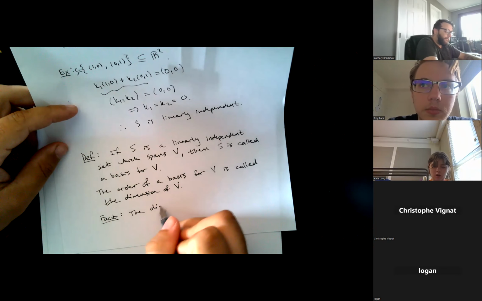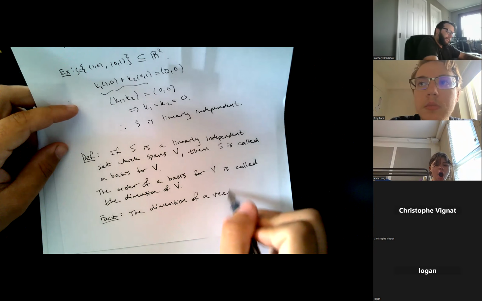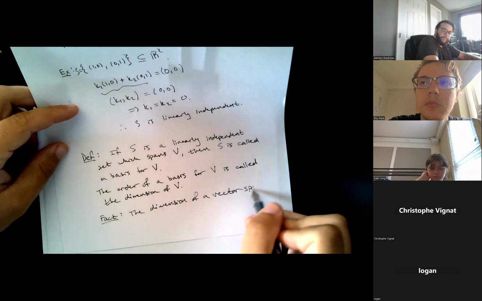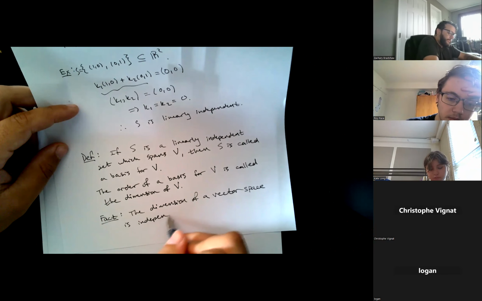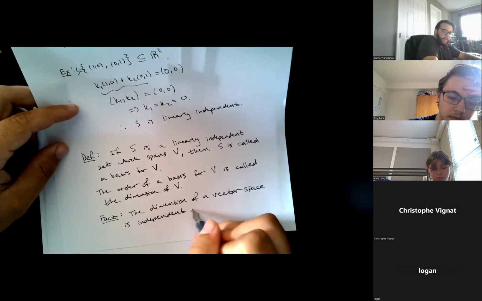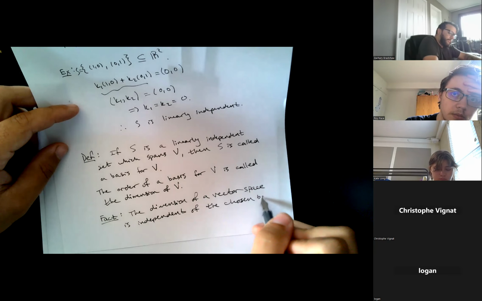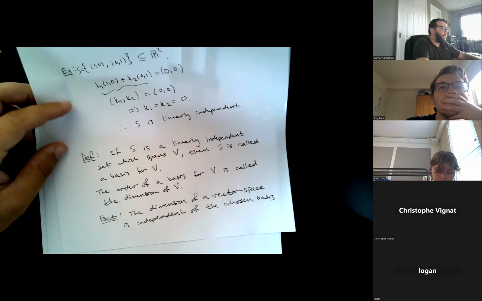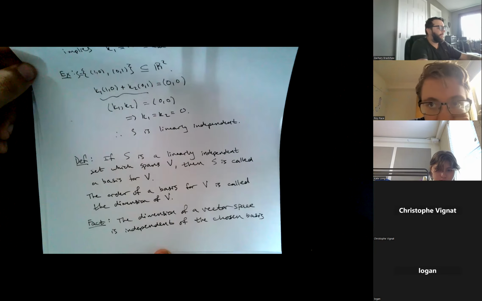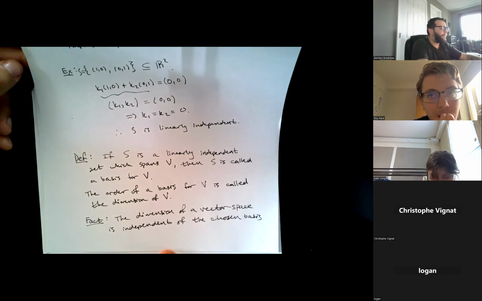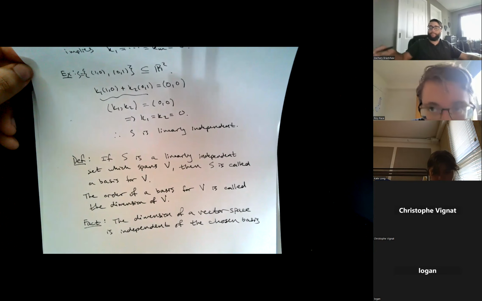The dimension of a vector space is independent of the chosen basis. So it doesn't matter what basis you're in, they all have the same number of elements. And that number is the dimension of the vector space. So this is a well-defined concept.